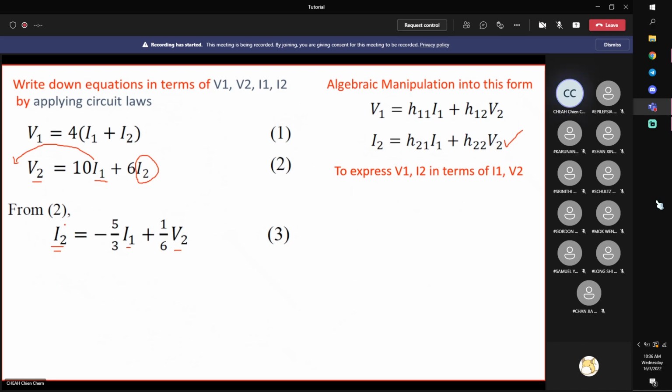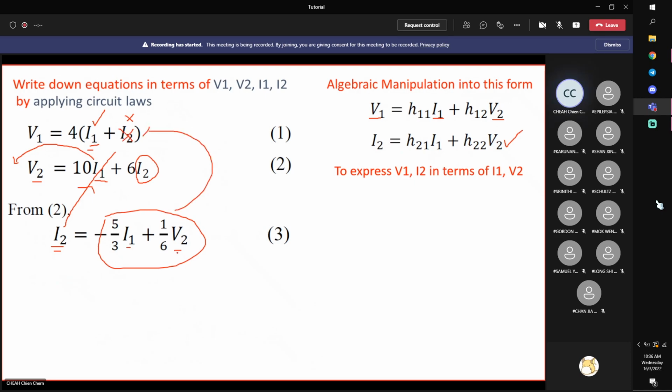After you get this equation, you go back to the other equation. I want V1 to be expressed in terms of I1 and V2. I1, no problem, I want to keep I1. I do not want I2 because I want V2 and I1 only. Therefore, you go to here. I2 is expressed in terms of I1 and V2 already. We replace this by this totally.